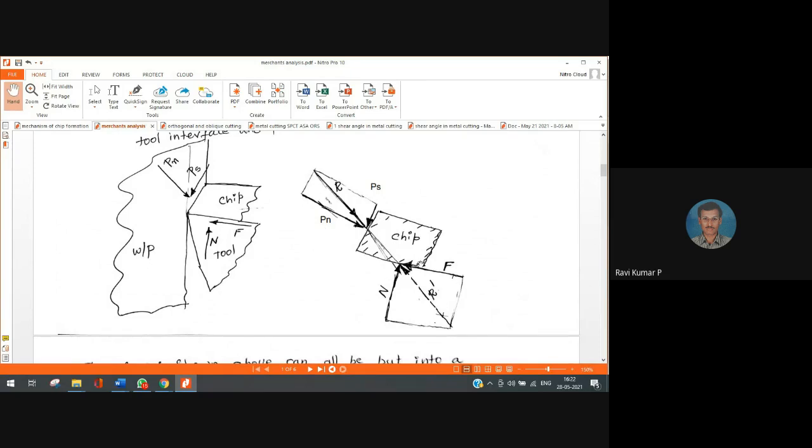There is another set of forces, frictional force and normal force. This will produce another resultant. This resultant R and this resultant R dash are both equal, and they will keep this chip in equilibrium, right? I may assume as though some steady process is taking place, as though a static condition is observed. So we can consider it like a static equilibrium, nothing wrong, right?